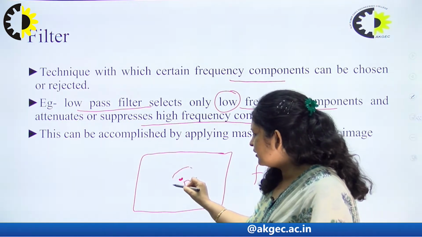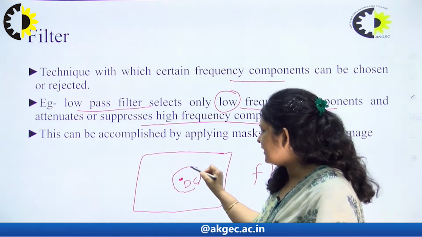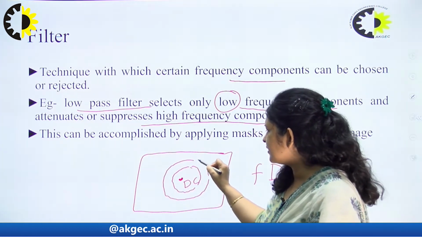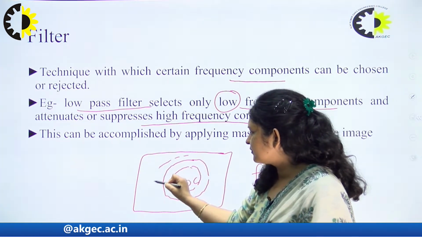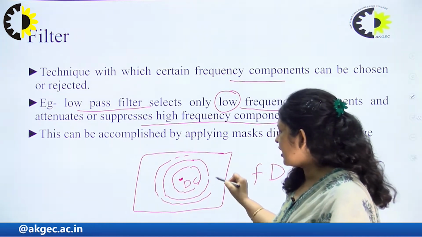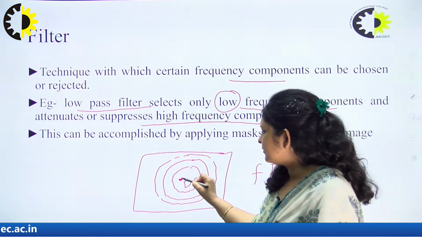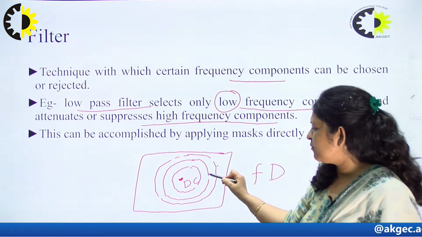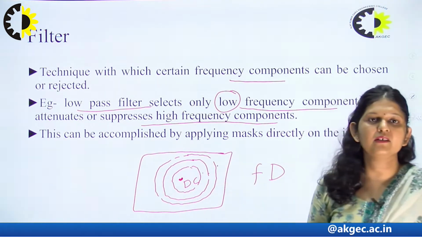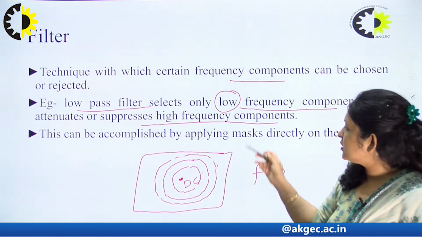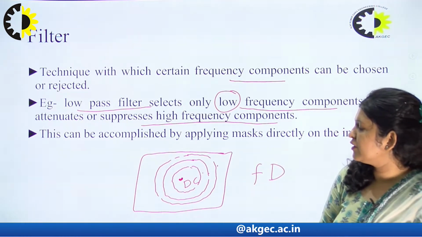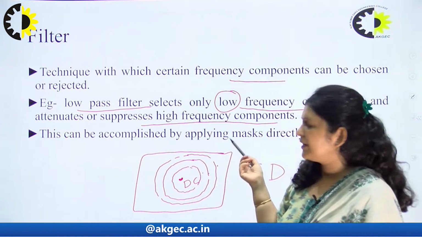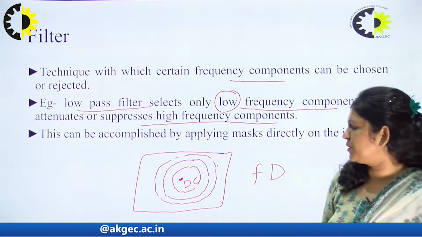Then the frequencies are radially distributed, that is they form concentric circles around the center of the image in the frequency domain. So all these concentric circles are the frequency components. Now a low pass filter would select the low frequency components.